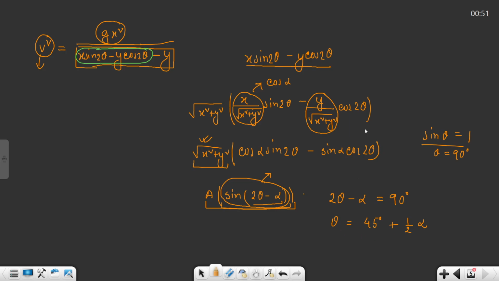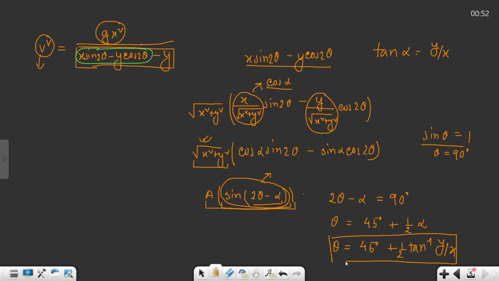And what is alpha? Since cos alpha is this and sine alpha is that, we can easily say that tan alpha should be y by x. So from this we can write theta is equal to 45 plus half tan inverse y divided by x.